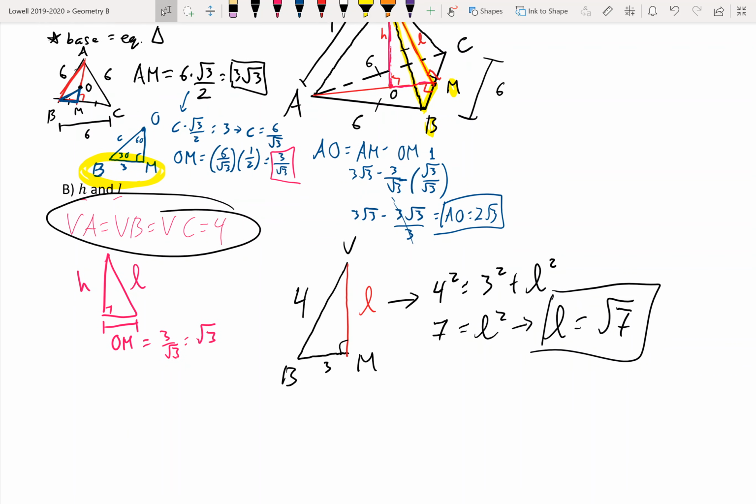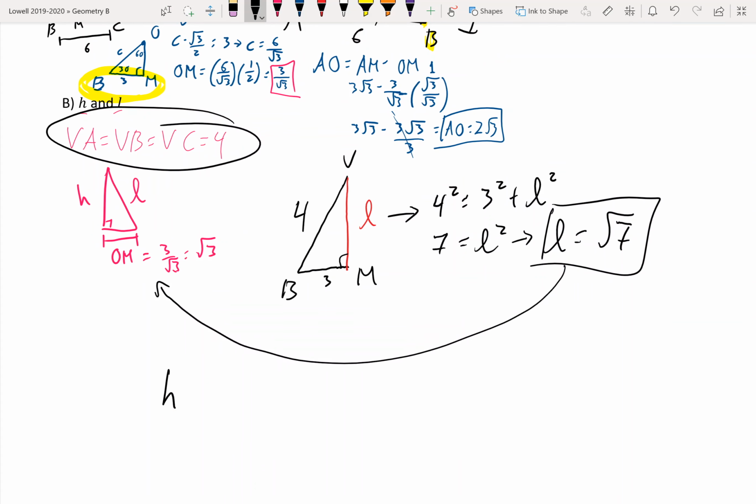And then now we could use this and this pink triangle to find H. I'll draw the triangle again. I now have square root of 3, square root of 7, leaving us to say H squared plus root 3 squared equals root 7 squared.